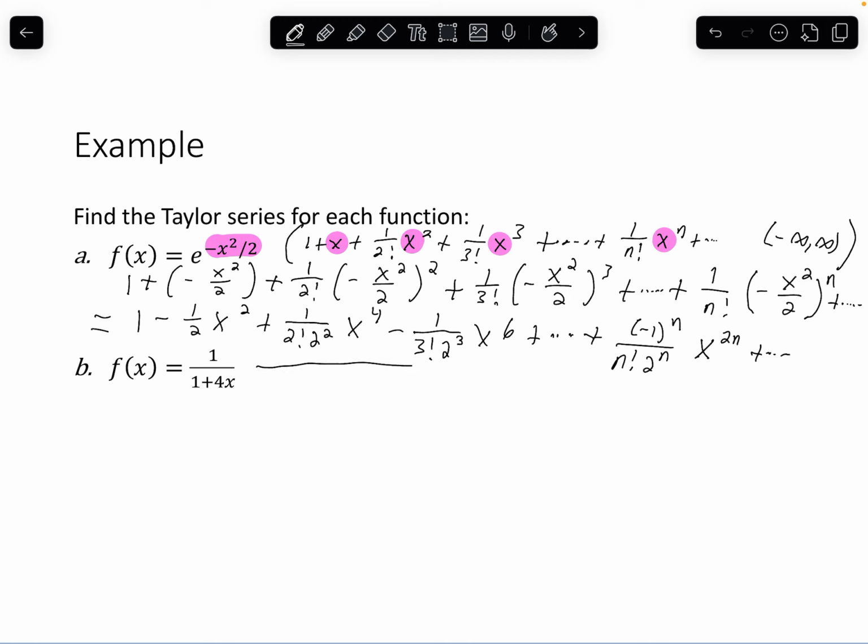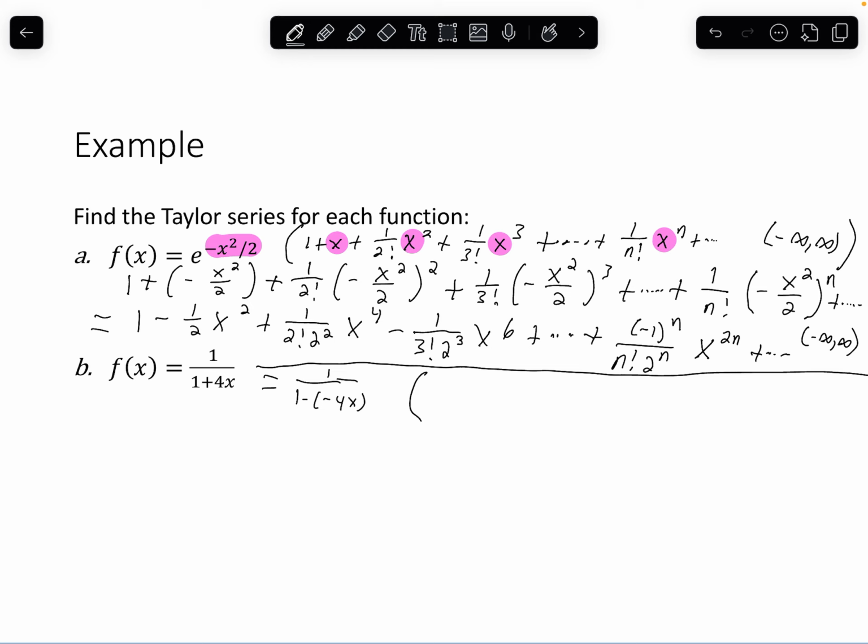The second one I have here is 1 over 1 plus 4x. This can be rewritten slightly to be 1 over 1 minus negative 4x. For part A, the new Taylor series also converges, with the interval of convergence being negative infinity to infinity.